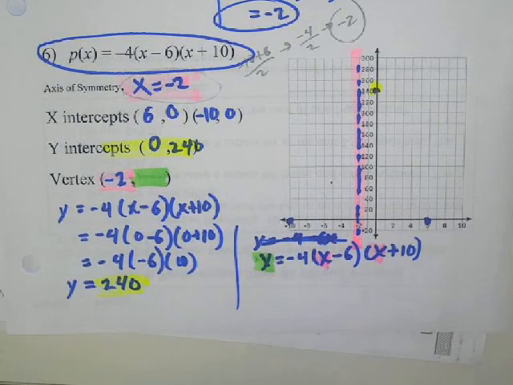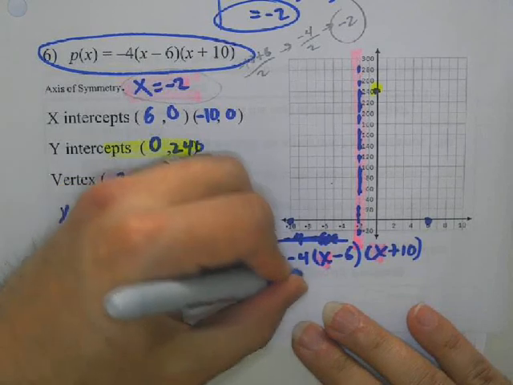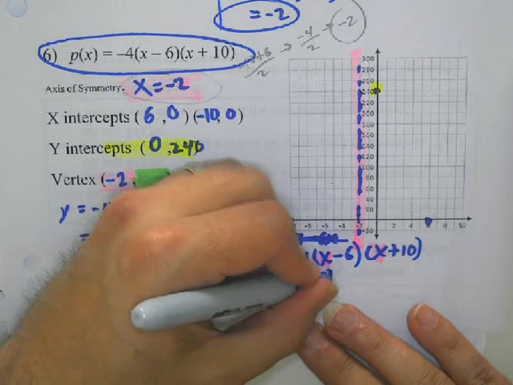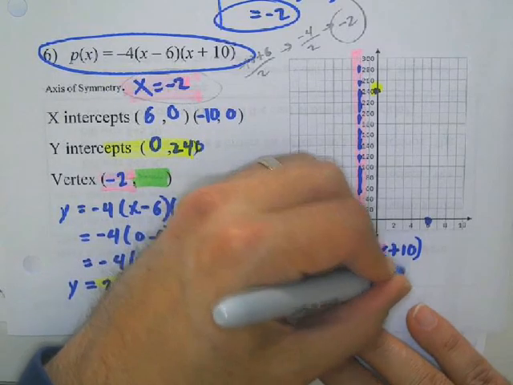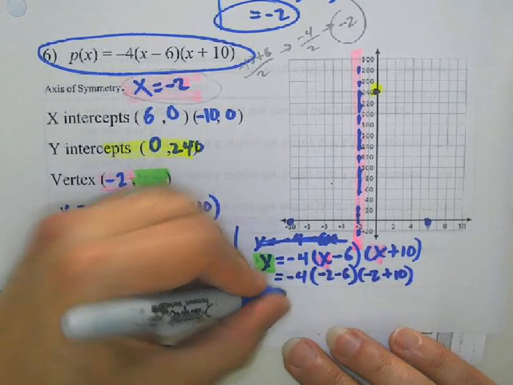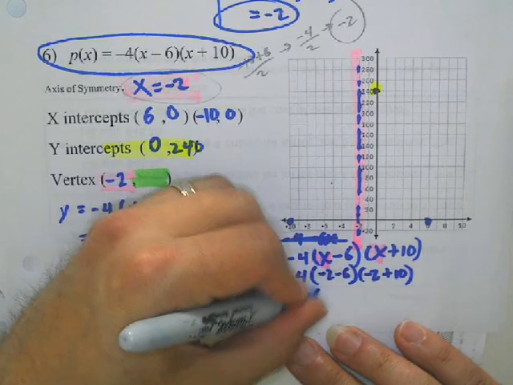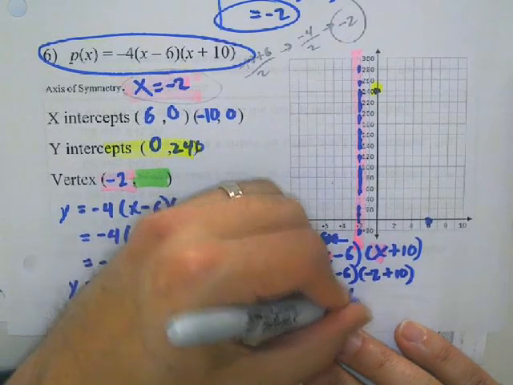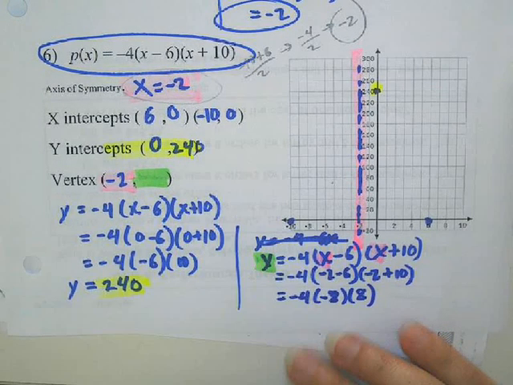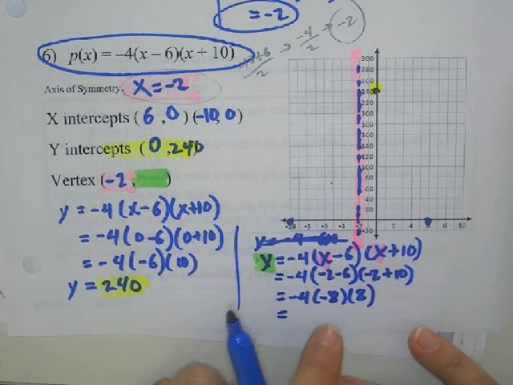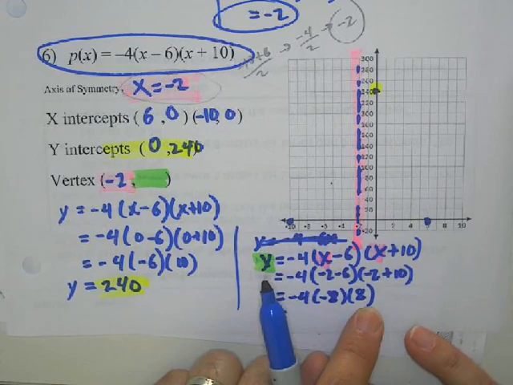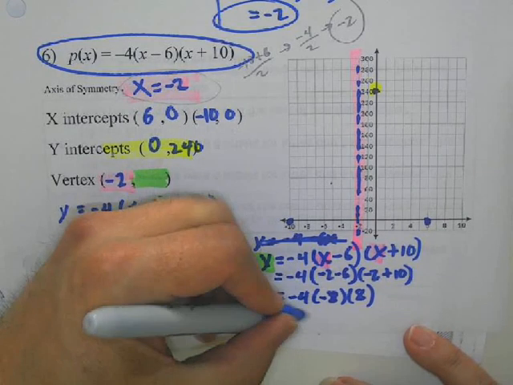And so we're going to get negative 4 times negative 2 minus 6, negative 2 plus 10. And so then we get negative 4 times negative 8 times 8. And 8 times 8 is 64, and 64 times 4 is 256.